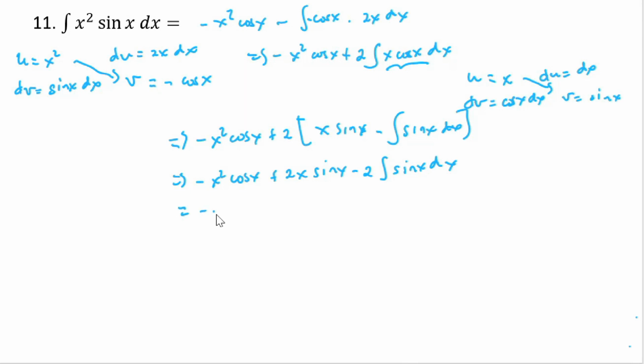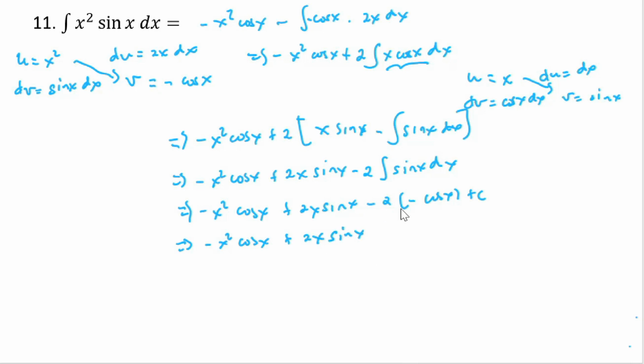So we have now negative x squared cosine of x plus 2x sine x minus 2 times the integral of sine x, which is negative cosine x plus a constant. So finally, the answer will give us negative x squared cosine of x plus 2x sine x. Negative 2 times negative cosine will be 2 cosine x plus a constant.